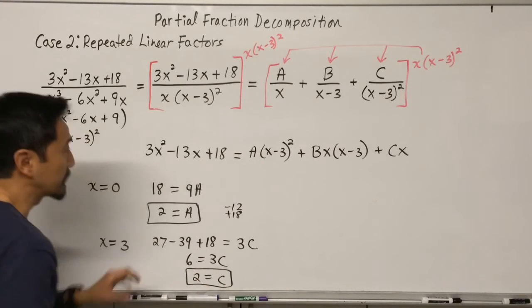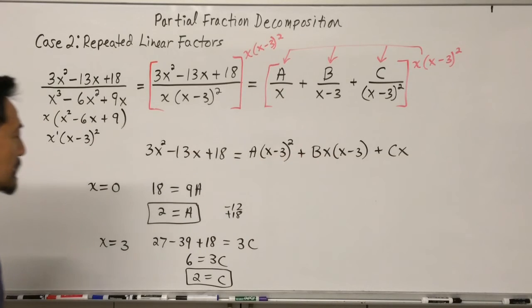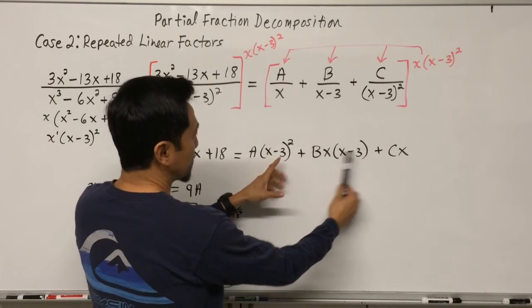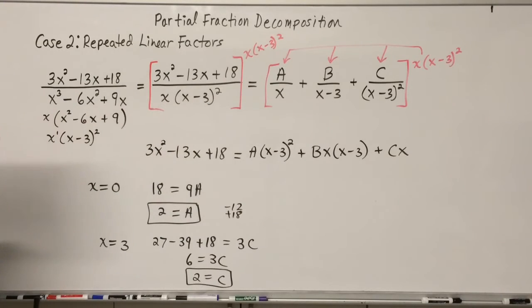Okay, so now we need to go after b. Well, notice that I'm not going to be able to plug in any more numbers here that'll make terms drop off. So we could now use the second method, setting the coefficients equal to each other.